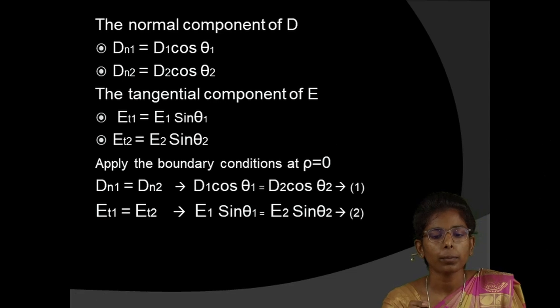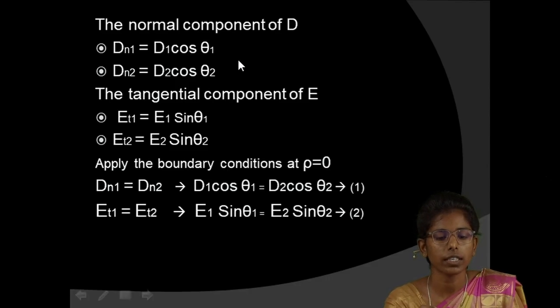The normal component of the displacement vector DN1 is equal to D1 cos theta 1, and DN2 is equal to D2 cos theta 2. The tangential component of the electric field Et1 is equal to E1 sin theta 1, and Et2 is equal to E2 sin theta 2.